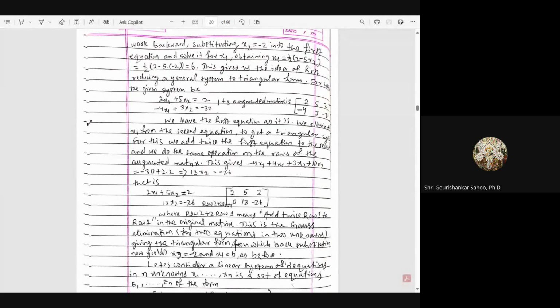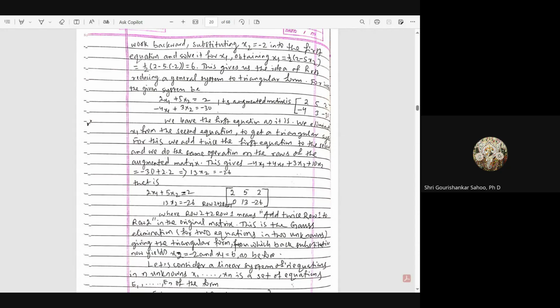We leave the first equation as it is, and we eliminate x1 from the second equation to get a triangular system. For this, we add twice the first equation to the second. Twice the first equation is 4x1 + 10x2 = 4, and we add this to -4x1 + 3x2 = -30.